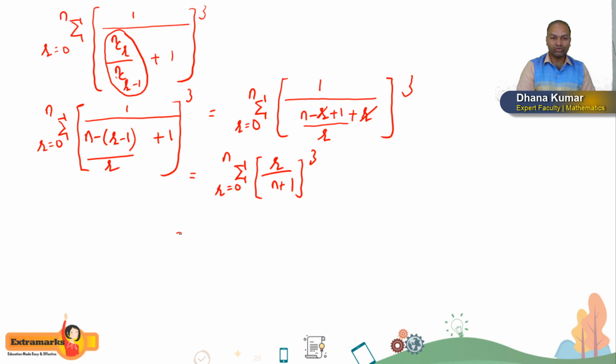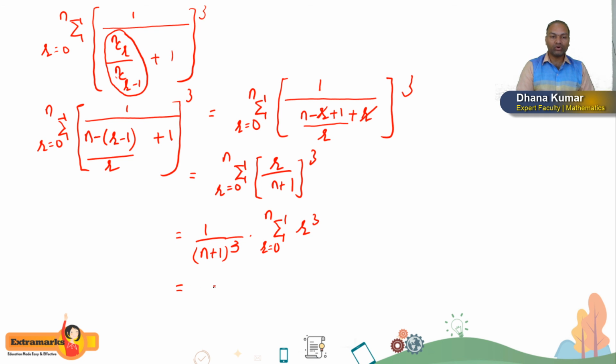So that is equal to, n plus 1 separately I am writing, into the remaining is sigma r cube. r value starts with 0, ends with n. Okay, sigma of r cube, that is the sum of cubes of first n natural numbers.